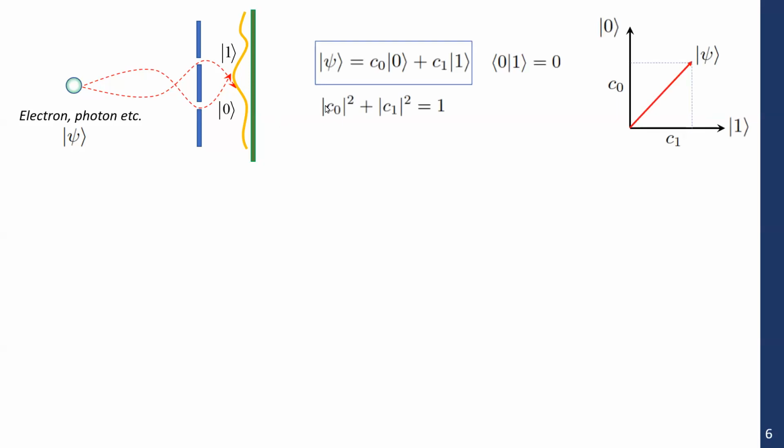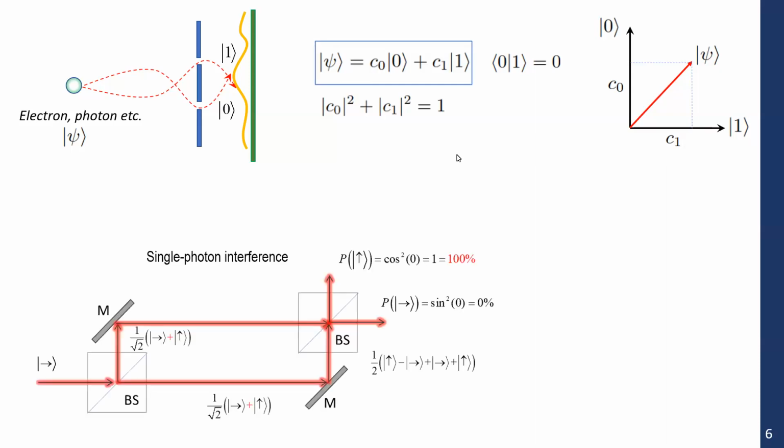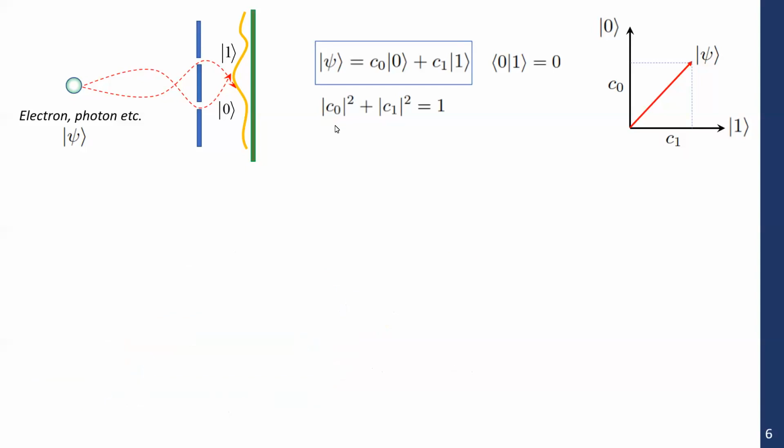In this case, the psi vector takes only 2 terms, c sub 0 times 0, plus c sub 1 times 1, and the states, of course, are orthogonal, because if the particle passed through one slit, it definitely doesn't go through the second slit, and vice versa. So we can use this system as a qubit, a system with 2 selected quantum states.